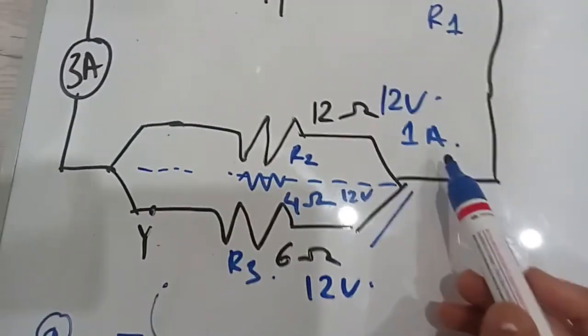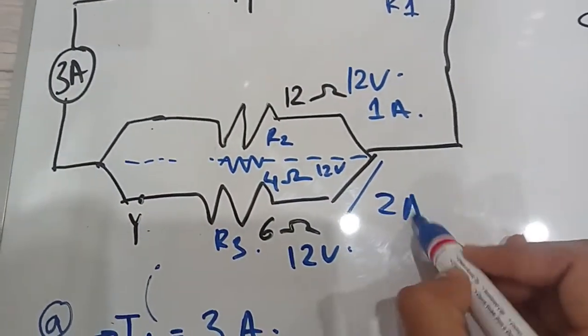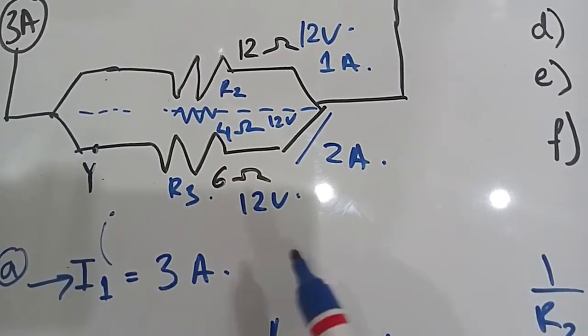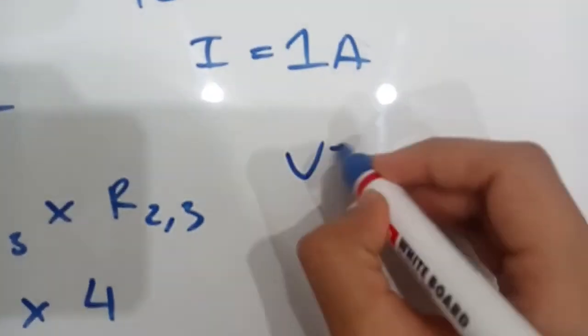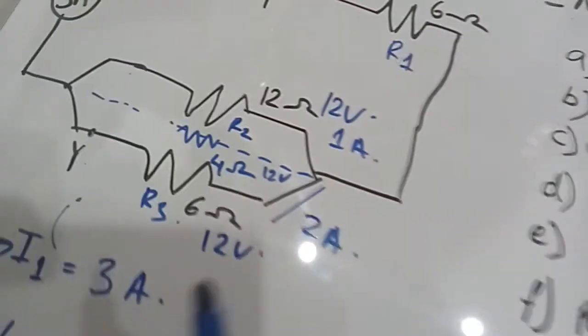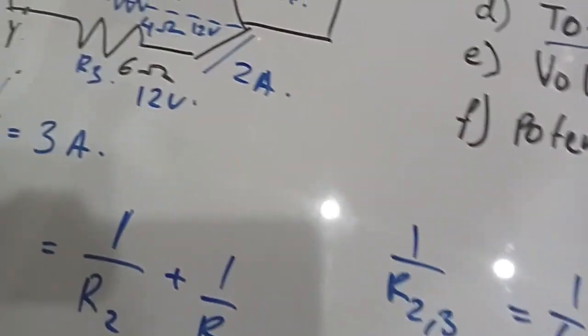Okay, let's do the same. Now we know that if there's 1 amp going through here, and there's a total of 3 amps, 2 amps must go through here. But let's still apply Ohm's law over here. What's our voltage? 12. What's our current? We don't know.